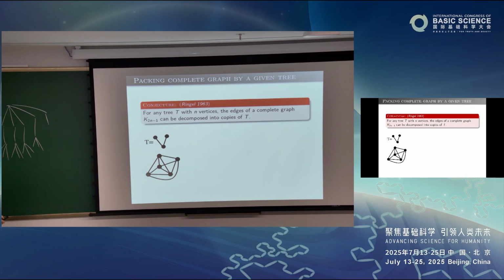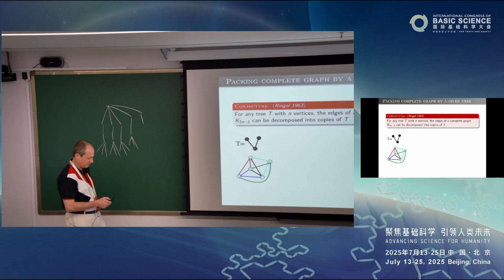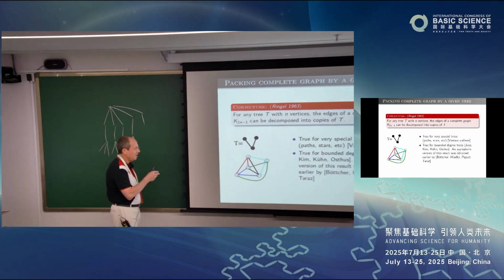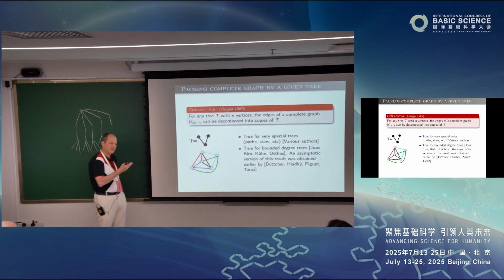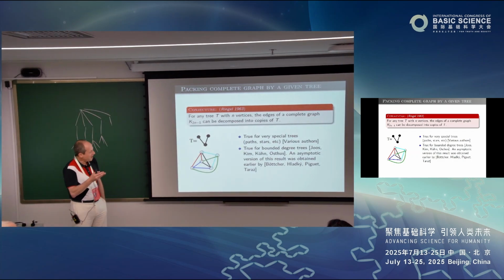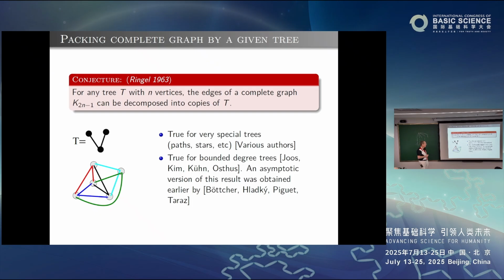But here is an example. So we have K5, and my tree is very simple, a path of length 2, and here is a decomposition. So I decompose the edges of the K5 into paths of length 2. Okay. So again, what do we know about this conjecture? We check it for various interesting trees, paths, stars, caterpillars, and so on.